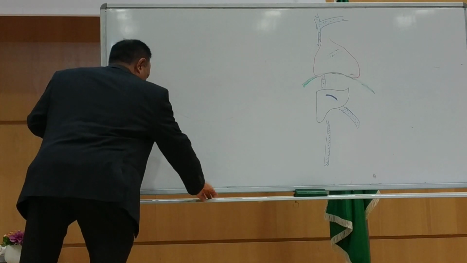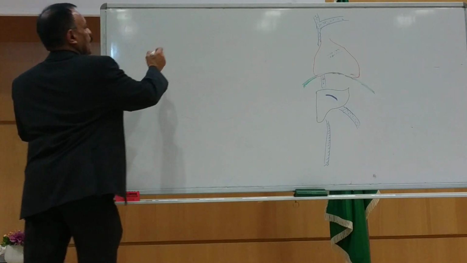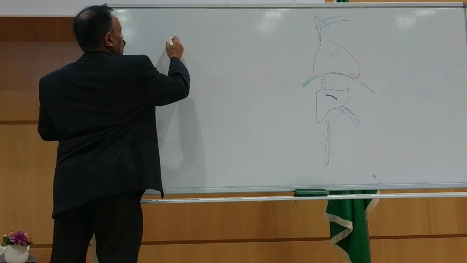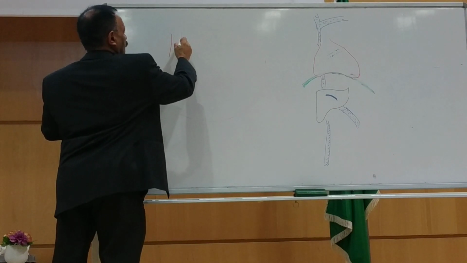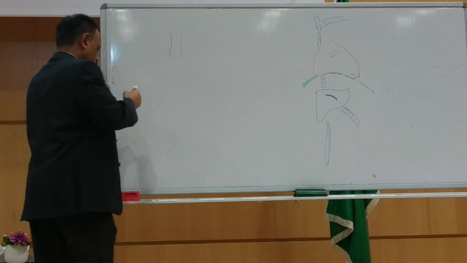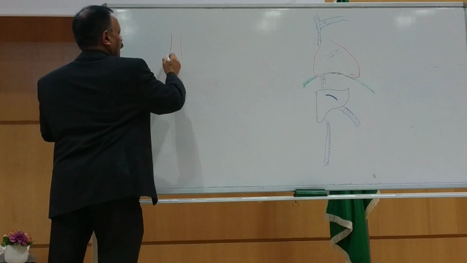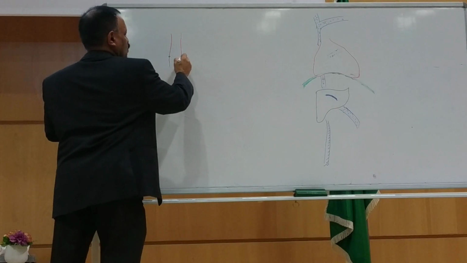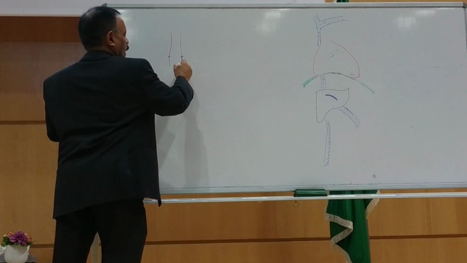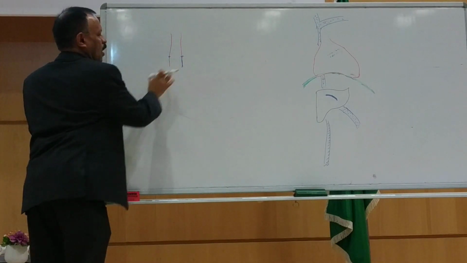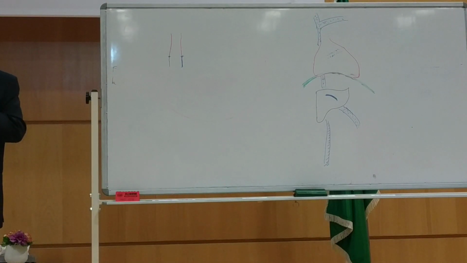So now I'm trying to draw the heart tube. So here is the heart tube. But below the heart tube, there is something forming over here. This is where the venous system is developing. This is called sinus venosus.